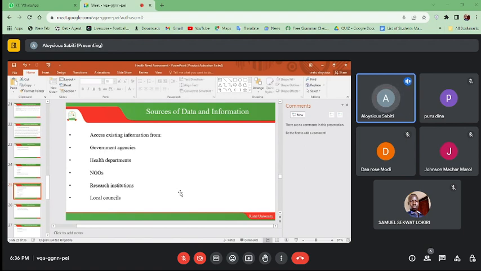So the sources of data and information: you access existing information from government agencies, from health departments, from non-governmental organizations, from research institutions, local councils, but also there are what we call the Health Management Information System registers. We have the antenatal care registers, we have maternity registers, we have OPD registers.